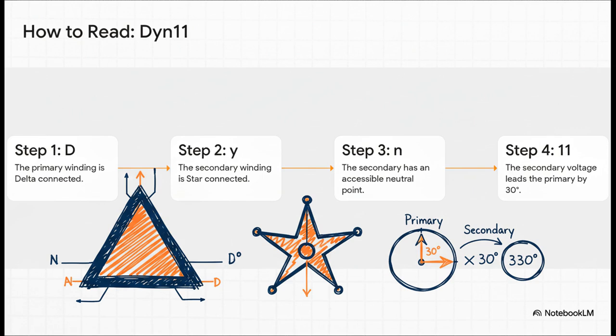Step 3. That little n tells us the neutral point on that star connection is brought out for us to use. And finally, step 4. The 11. We take 11, multiply it by 30 degrees, and we get 330 degrees lagging, which, like we just learned, is the same as a 30-degree lead. And there you have it. The secondary voltage leads the primary by 30 degrees. You just read the code.